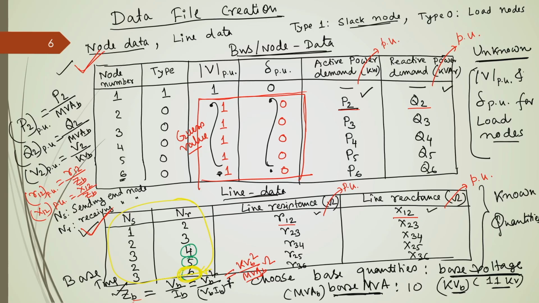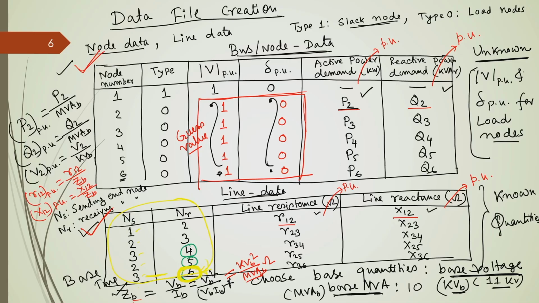After that you check whether node 6 appears anywhere at the sending end, but you see there is no node 6 at the sending end. So we understand that node 6 is a terminal node, and its line current between 3 and 6 is equal to the load current of node 6.